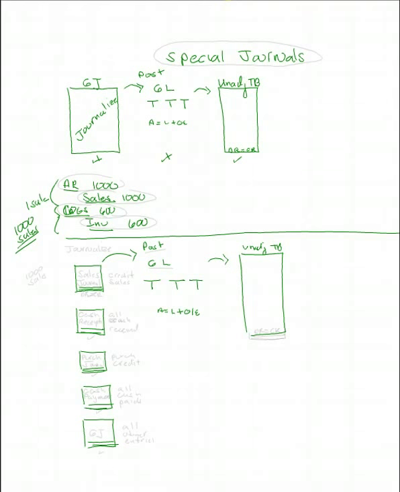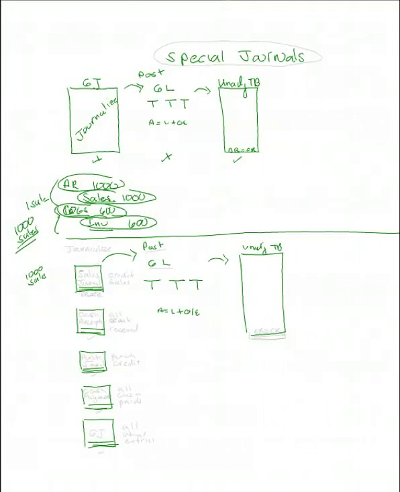So if one journal holds 1,000 sales, you have one entry that debits accounts receivable for the total sales, one entry that credits sales for the total sales, one entry that debits cost of goods sold for the total of all the cost of goods sold, and one entry that credits inventory for the total cost of inventory. So instead of having 4,000 individual postings into the general ledger, you would have just 4. A great time-saving technique.